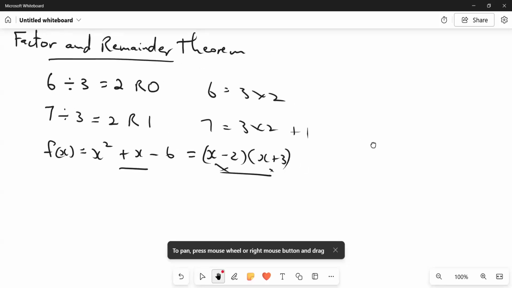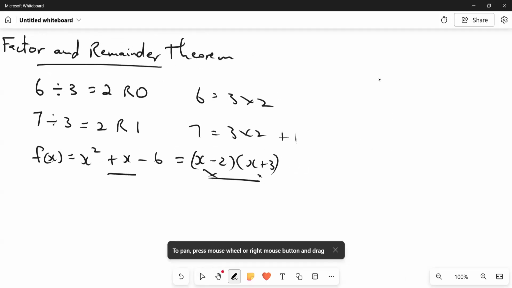I want you to pay attention to a bit of division here. Let's divide x squared plus x minus 6 by x minus 2. This is what you do.